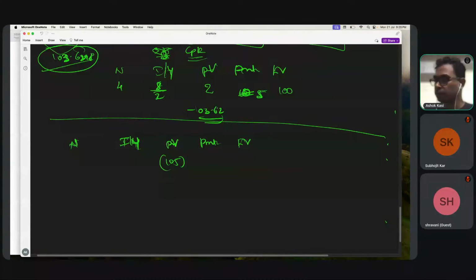Suppose here itself, present value is 103.62, right? Now in case the present value is, say for example, 105, payment is 5, 100 is future value, n is 4. Calculate IY. Just calculate this one.